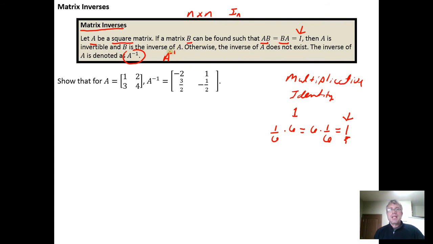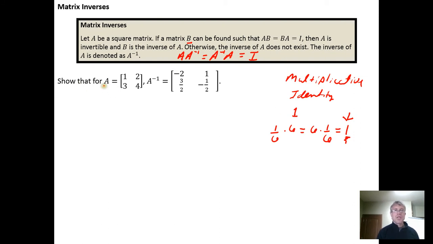But we want to recognize that -1 in this case isn't being used as an exponent. It is identifying that this is A inverse, and we read this as A inverse. So that's the big idea. We want to find a matrix B, or A inverse, such that when we multiply A times the inverse of A, or A inverse times A, we get the identity matrix for the appropriate square matrix that we're working with.